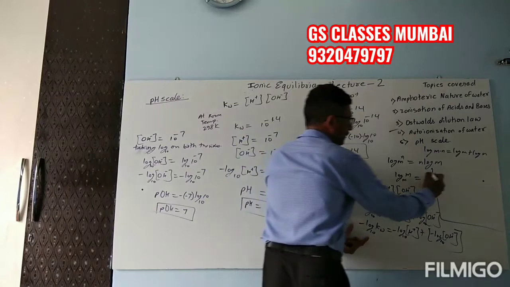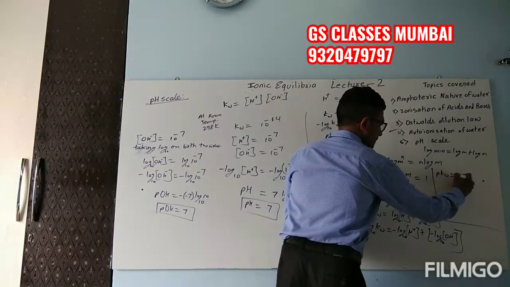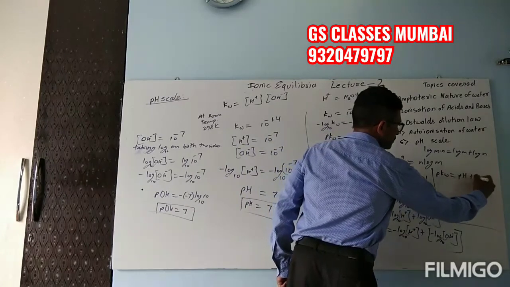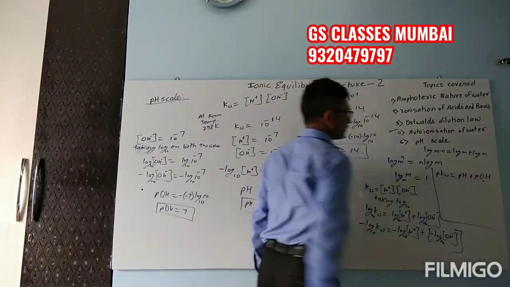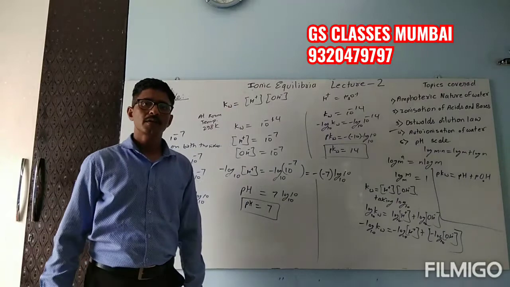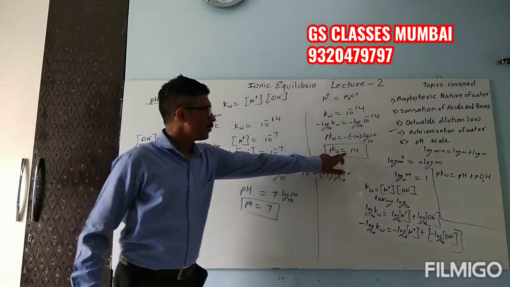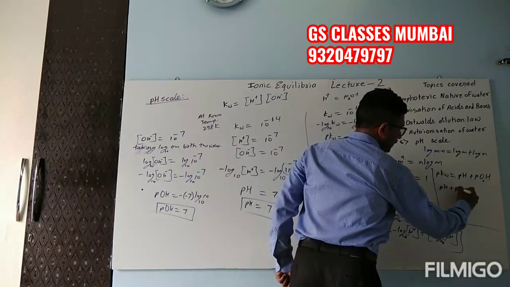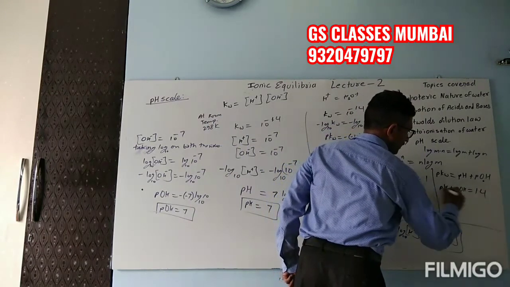This becomes pKw, which becomes pH plus pOH. Children, pKw value is what? 14. So pH plus pOH comes out as 14.